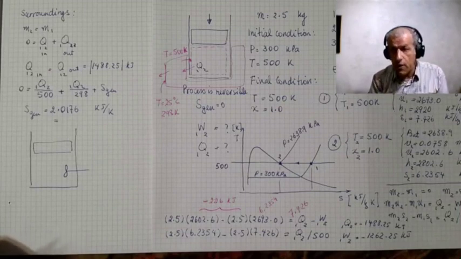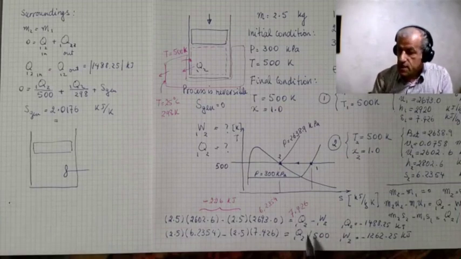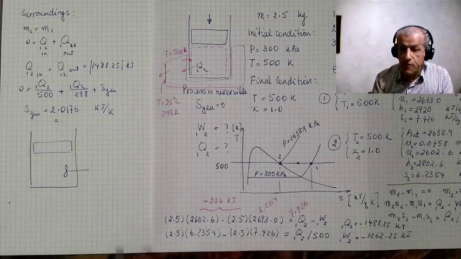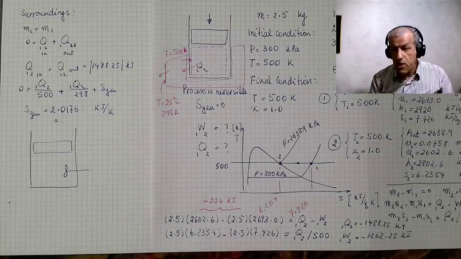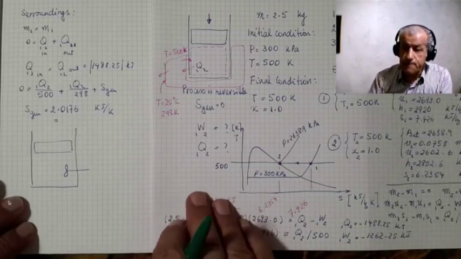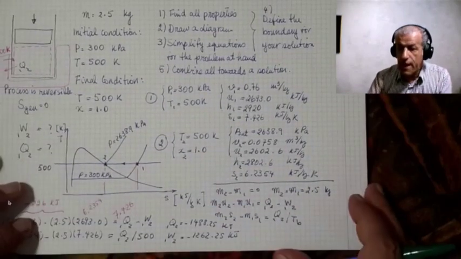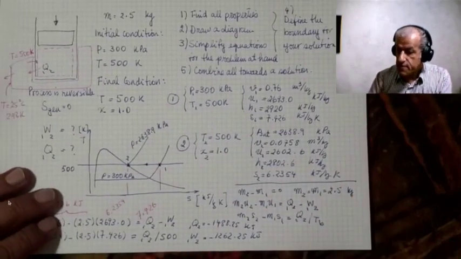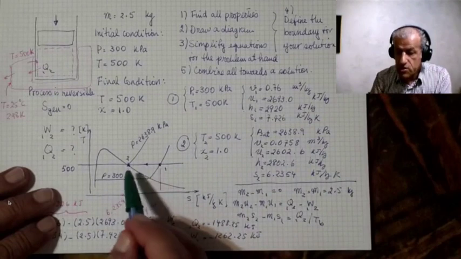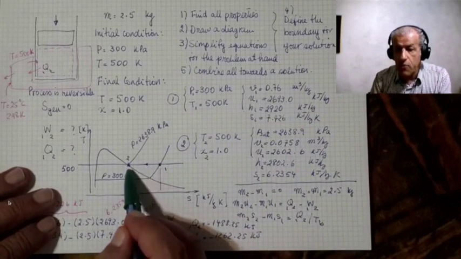So our equations are just as before, and I would write everything down in green just to make it different. What would happen? First, we are keeping the initial and final points the same.